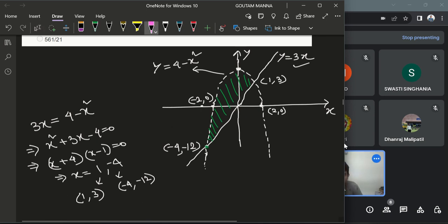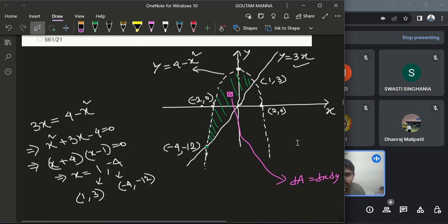So we can find the small area element at any point x and y, which will be dx dy. So let me call it dA. This is dA equals dx dy.